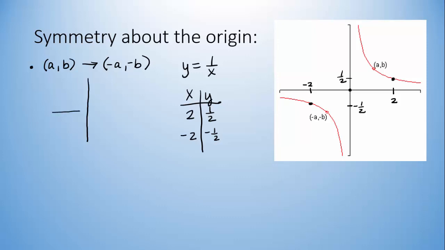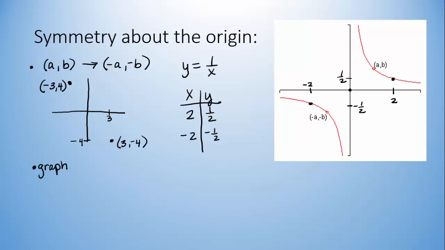Let's say we don't know what the equation is, and I just give you a point that's on the graph. Like, let's say I give you (-3, 4), and I say that's on the graph and it has symmetry about the origin. What's another point? You just think opposite of -3, opposite of 4, so there must also be a point at (3, -4).